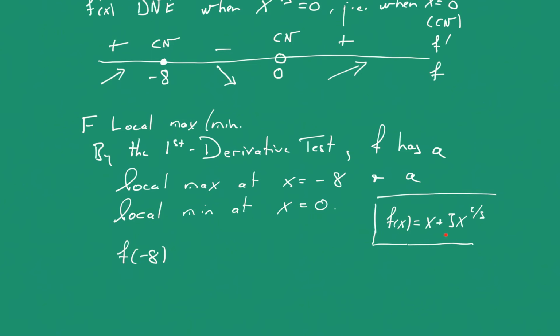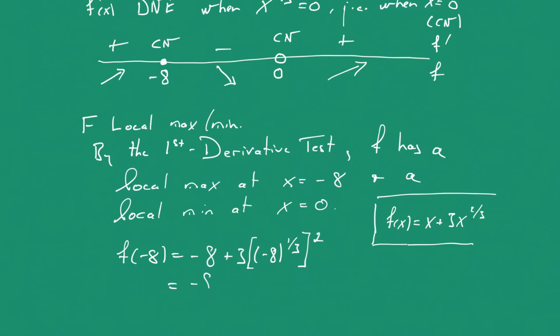Notice f(x), remember, is x + 3x^(2/3). So this is going to equal -8 + 3 times (-8)^(2/3), which I'm now going to write as ((-8)^(1/3))^2.